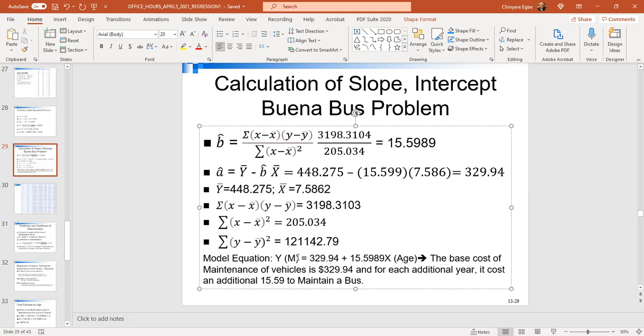So y represents the maintenance expense, and x represents the age of the bus. So what does this mean? What does 329 mean? 329 simply means the constant value, a.